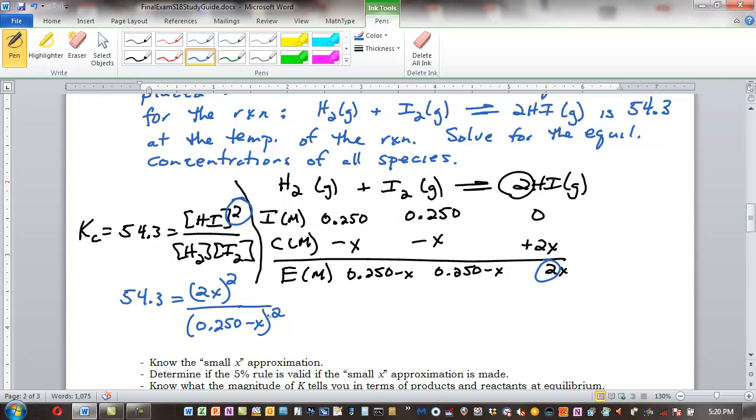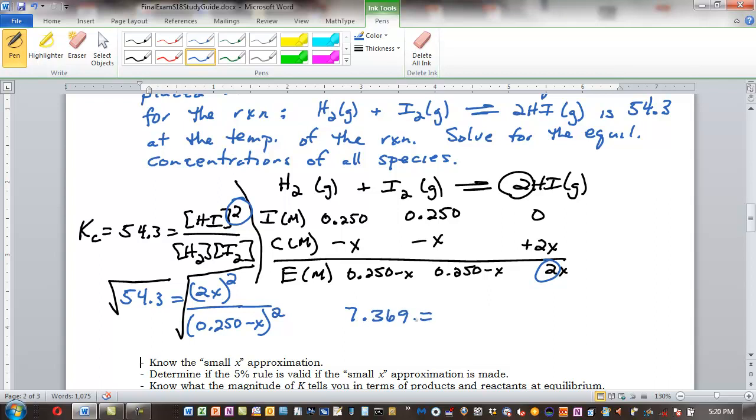Okay. So what do we do with this to simplify this one? Square root. We have a squared term in the numerator and a squared term in the denominator. We can take the square root of both sides of this equation. Square root of 54.3 should be a little over 7, 7.369.